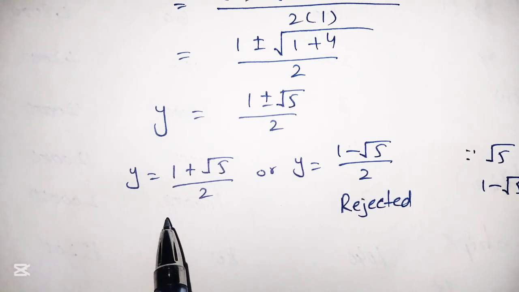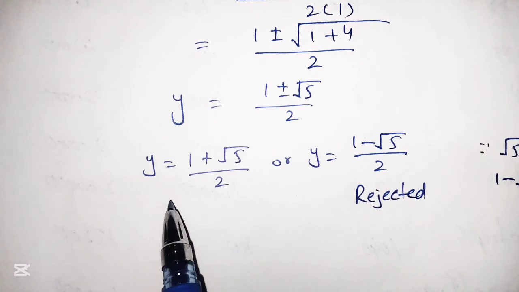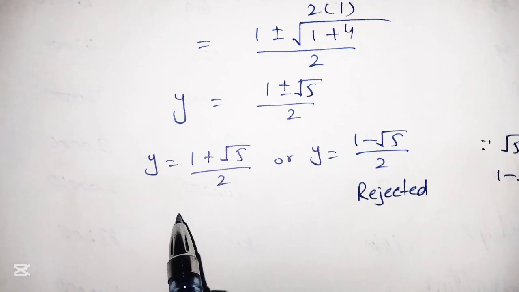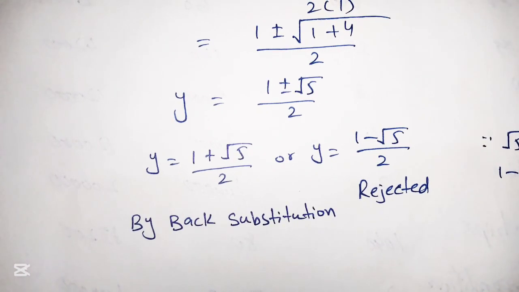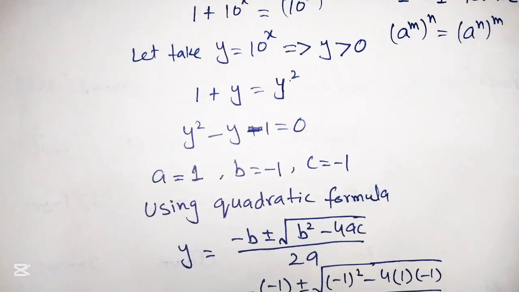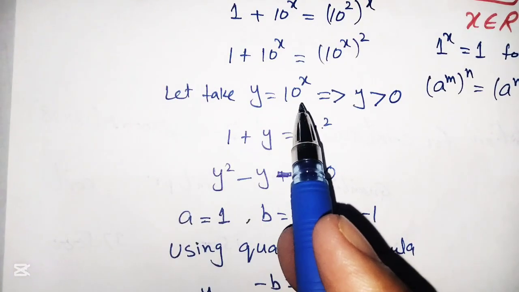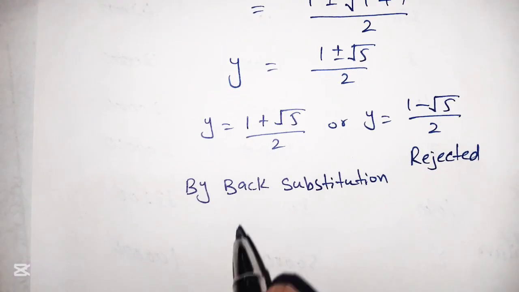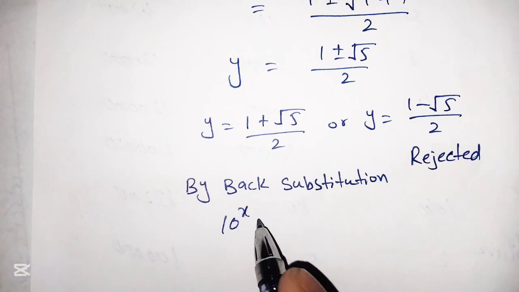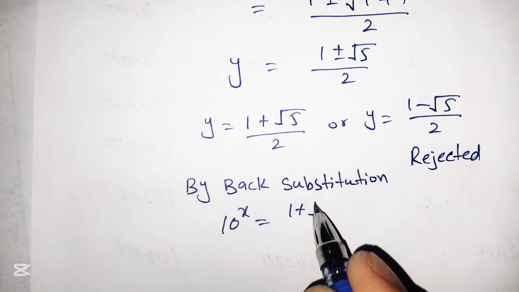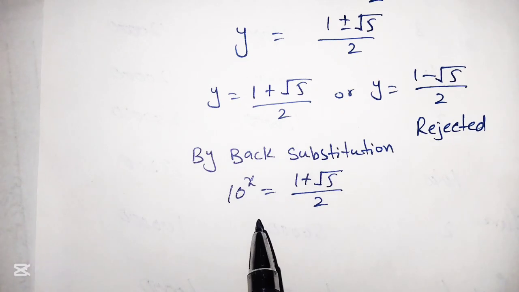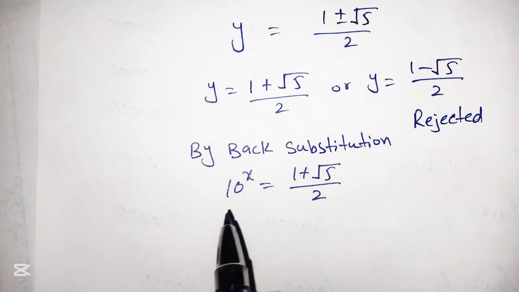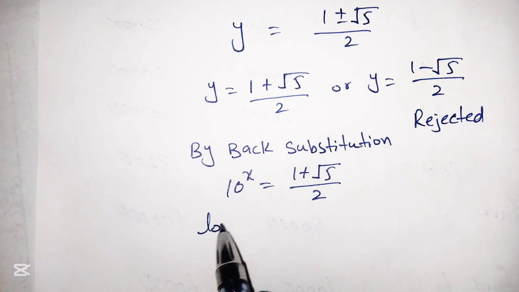Now we will convert it into x, as we want to find the value of x. By back substitution, as y is equal to 10 raised to power x, it becomes 10 raised to power x is equal to 1 plus square root of 5 over 2. To find the value of x, we will take log on both sides.